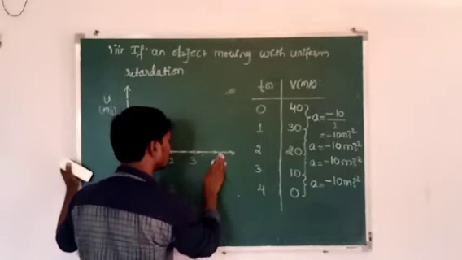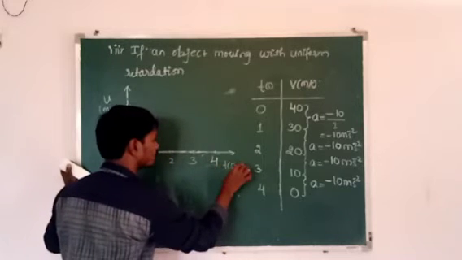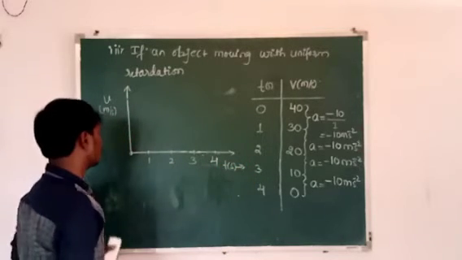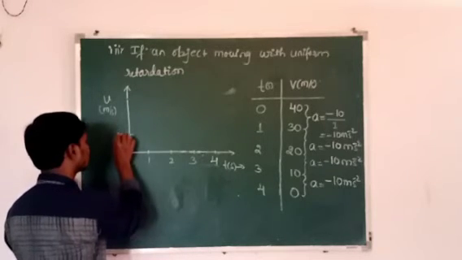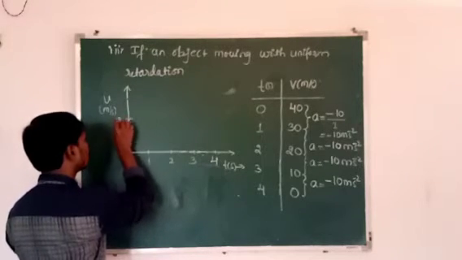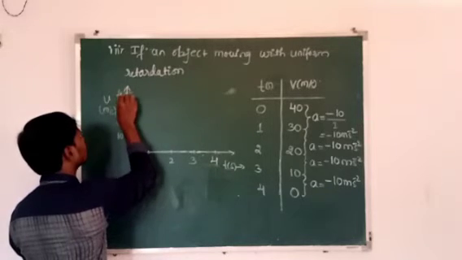And along the y-axis we are going to take the velocity readings, 10, 20, 30 and 40.